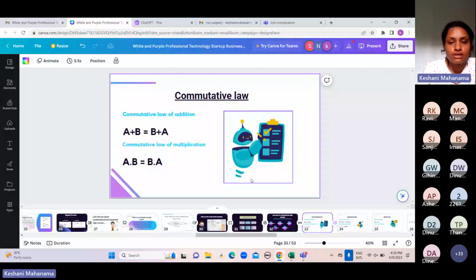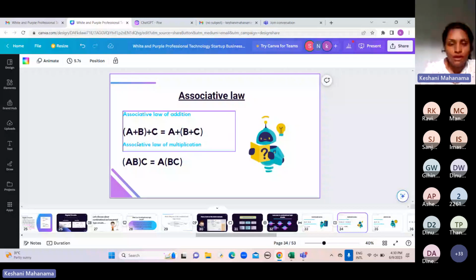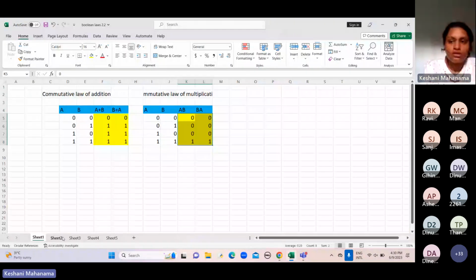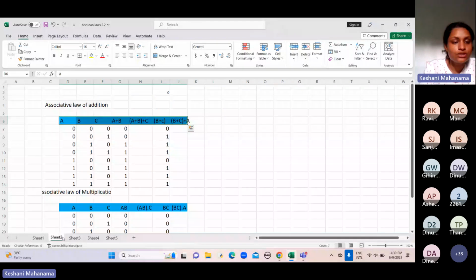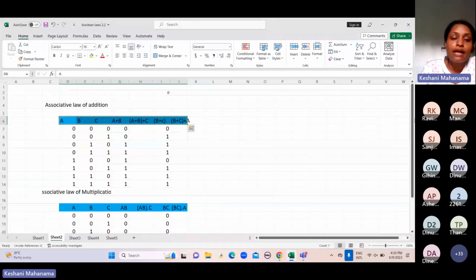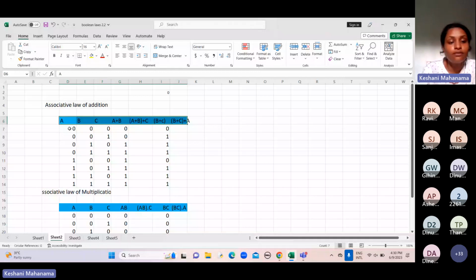Then we talk about the associative law. The associative law can also be stated in two different ways: the associative law of addition and the associative law of multiplication. Here, A plus B plus C equals A plus B plus C. As I told you earlier, if we have three inputs, the number of ways zeros and ones can be presented is 2 to the power 3.